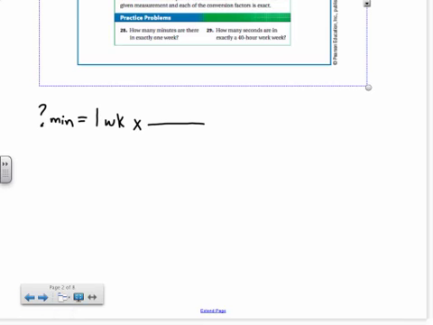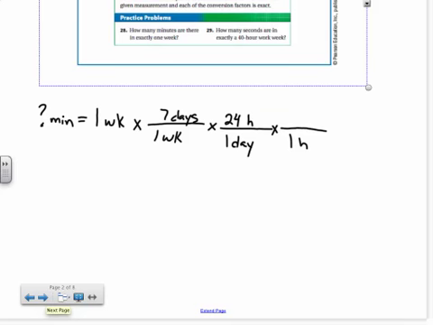So if we say 1 week is 7 days, 1 day, 24 hours, 1 hour, 60 minutes.